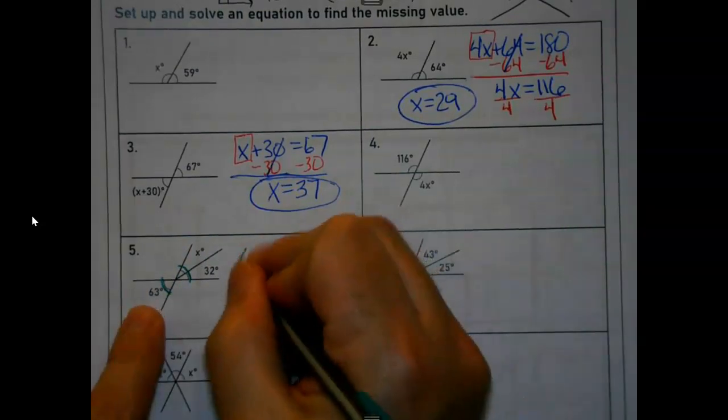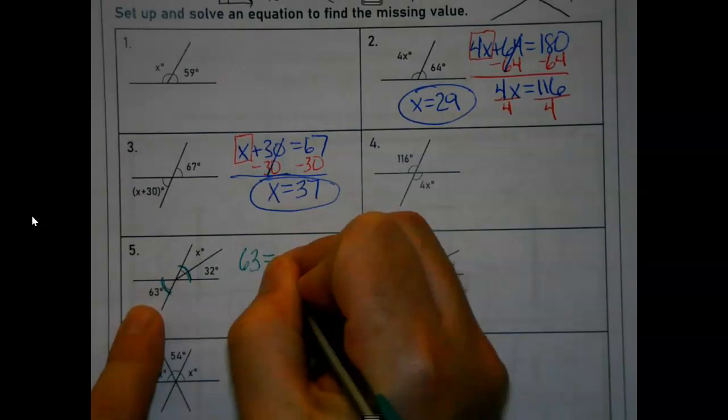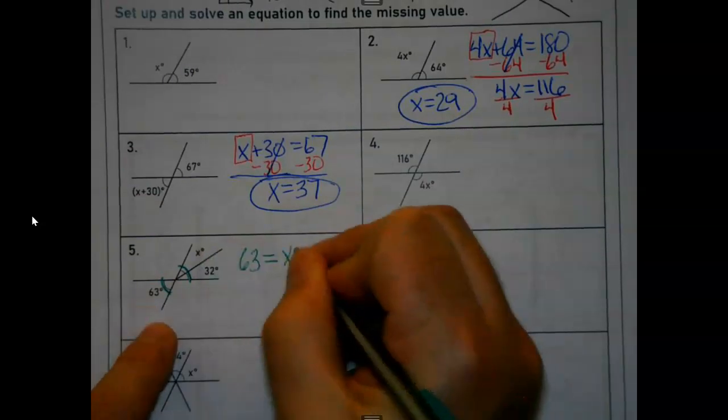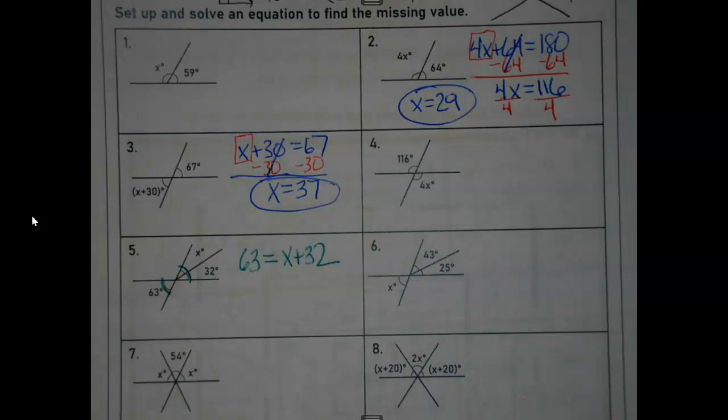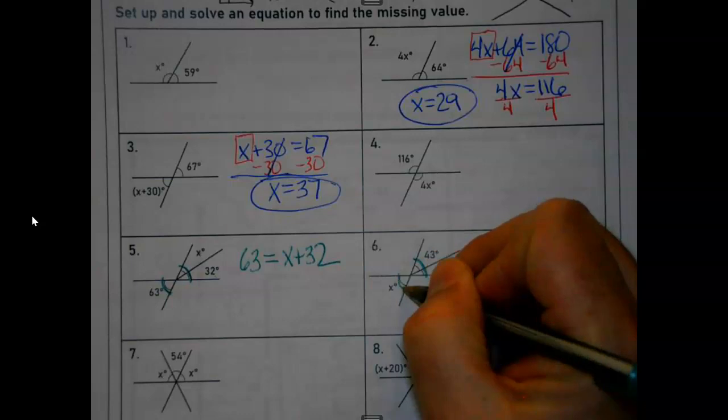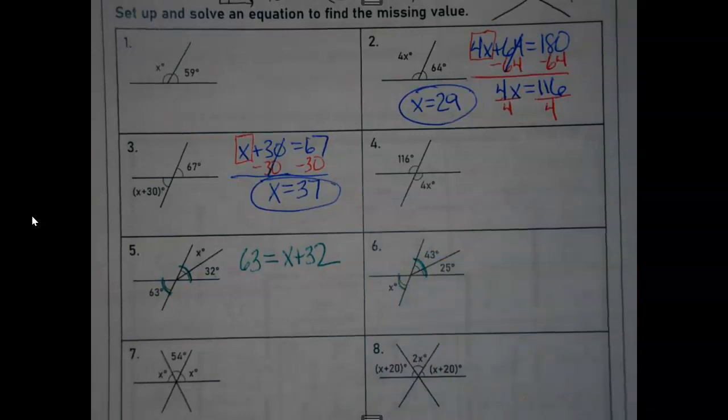So if this one is 63, this is both of those together. It's not just straight equal like it was up at number 3. So you may have to put a couple pieces together to make the second angle that you're looking for.